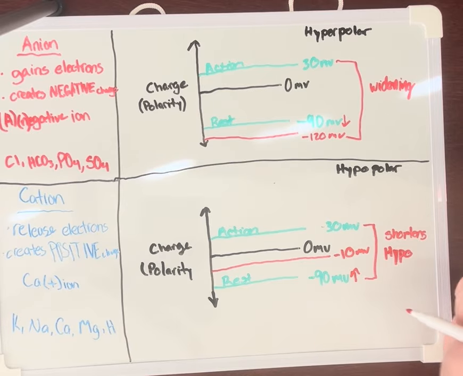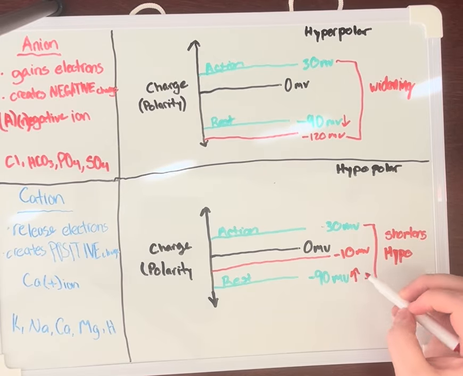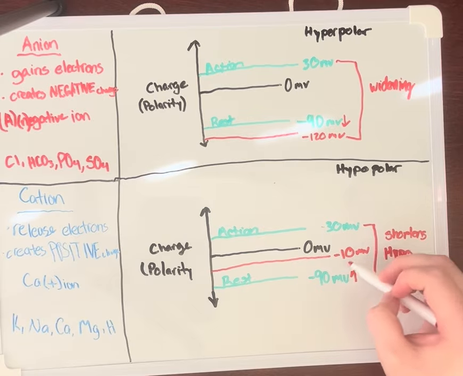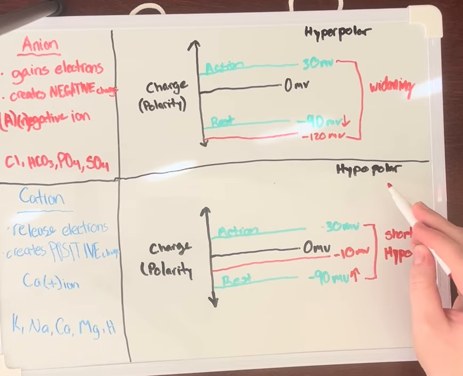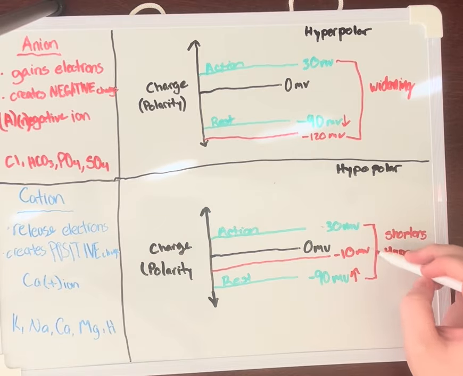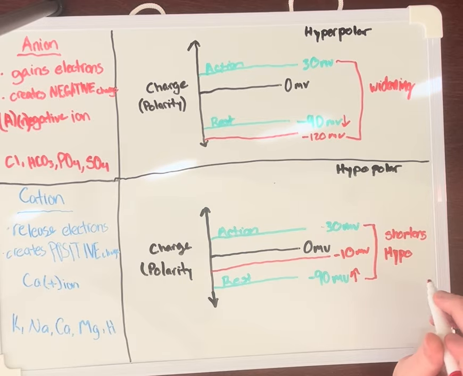So even though it feels like an opposite reaction because your voltage is going up, but your polarity is going down, it has to do with this little gap, right? So we have a lesser gap, you're going to see increased activity.